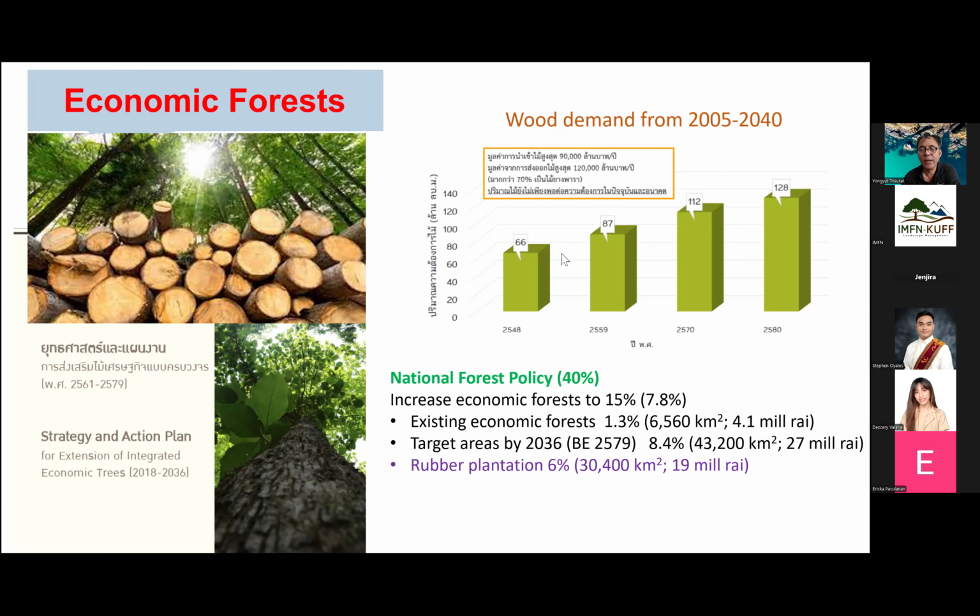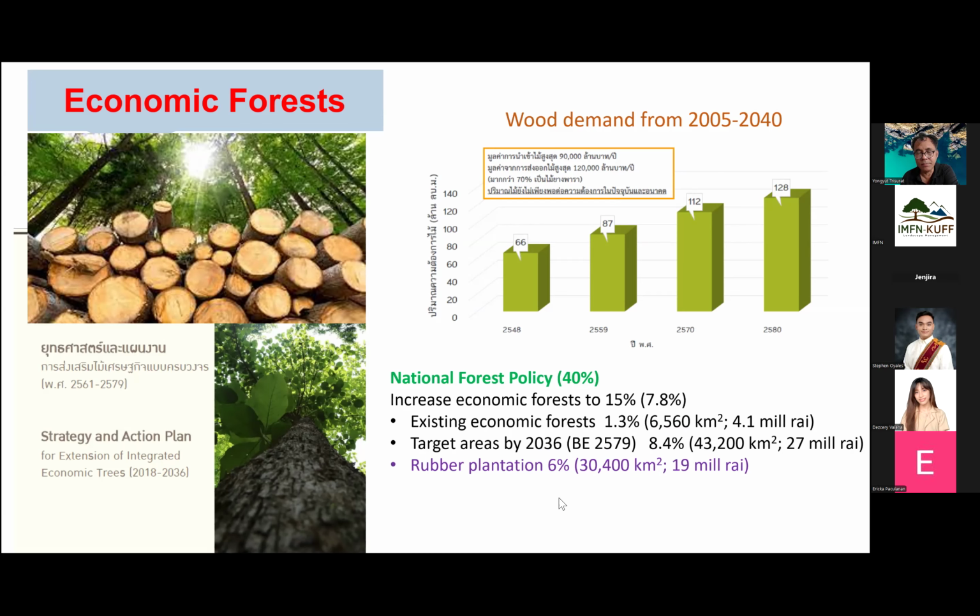Similar to Thailand, in order to reduce dependency on imported wood from overseas, from Scandinavia or other places, or to use substitute materials for construction, the government of Thailand is aiming to increase the economic forest by about 8.5% more in the next 20 years.